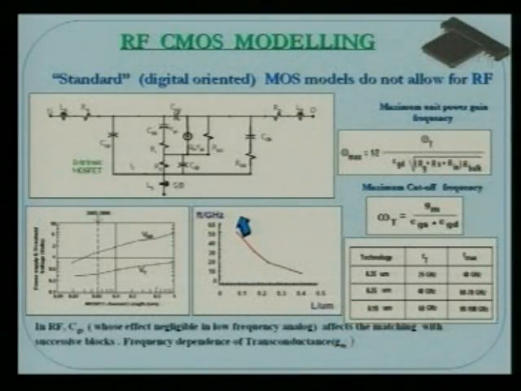If you start from your gate, then what you find? At the gate there is an inductor Lg, then resistance Rg, then as in the gm-pi model you find there is a CGB, that is gate to bulk capacitance, then there is a gate to source capacitance, as well as the input resistance R1 and the source resistance and the source inductor, then the corresponding current source gm into VGS.